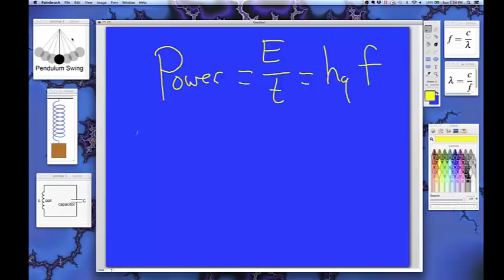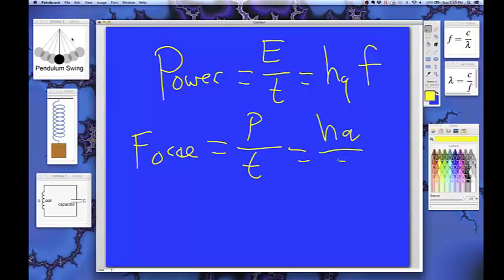And now I have force equals momentum, I know they use P everywhere, but that's momentum over T. So momentum over time is force. Force equals h_Q over c, which is another constant of nature, times frequency.